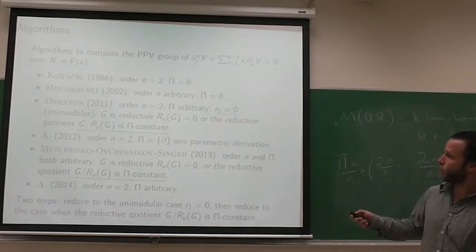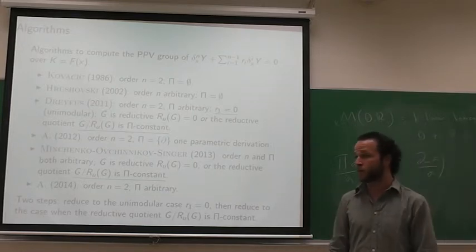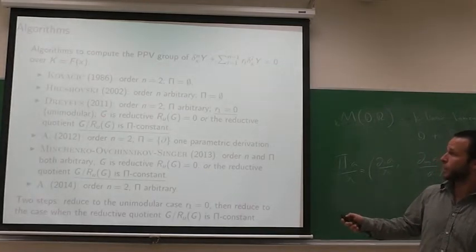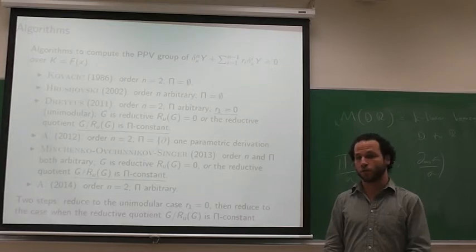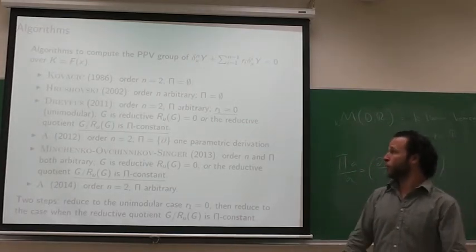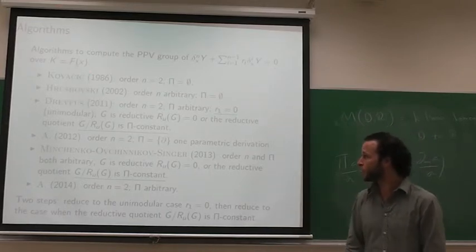That only worked for second order equations. What I'm skipping here is a lot of work of Singer and Ulmer, for example, to compute Galois groups in general for reductive groups. But eventually, Hrushovski published a complete algorithm to compute the Picard-Vessiot group, no parameters yet in any of these, of an arbitrary order equation, always over this field of rational functions in X.